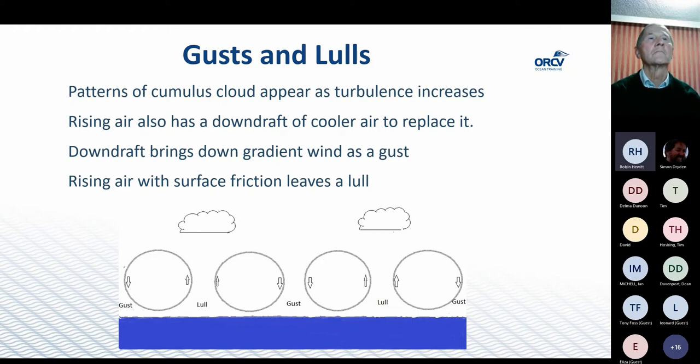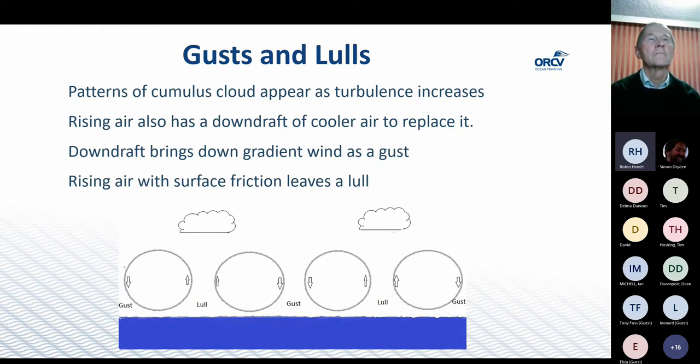But you can't have air just going up and leaving a vacuum down below. So what actually happens is cool air from aloft. Remember, as you increase the height of the air, it becomes cooler. So the center of the cloud is going vertically up. And on the edges, away from that rising column, cold air is coming from aloft and coming down to the ground.